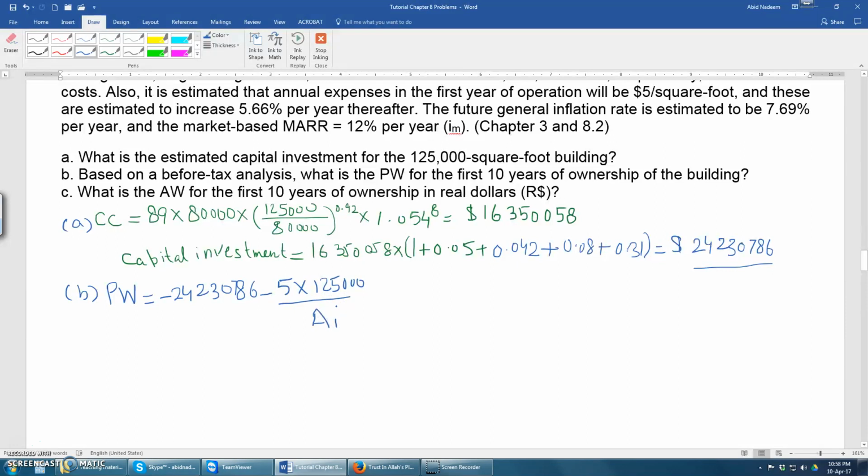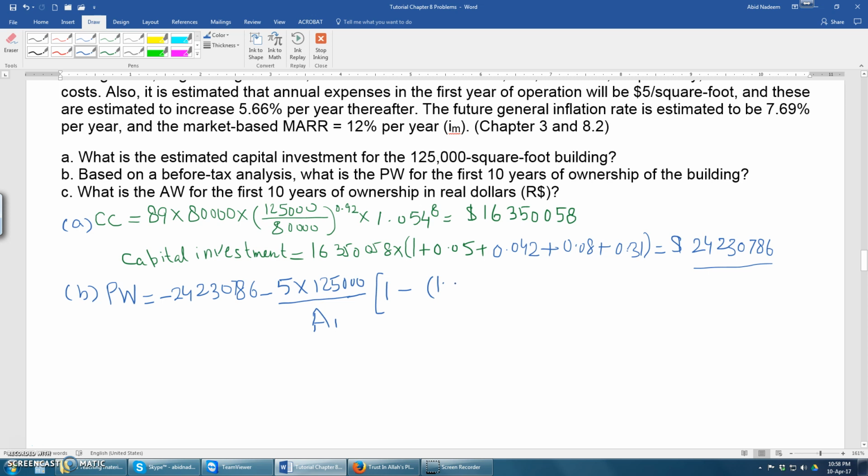Okay, so for the geometric series equation, this is A1, and if we want the present worth of this, then it is given by 1 minus... What is the inflation rate?